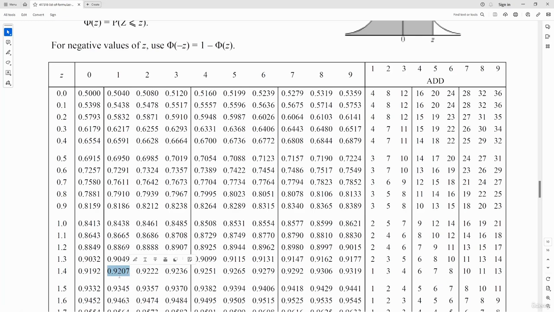Now, for that last 7, you look for the 7 in this little add section up here, and down to this row, and that little 10 there tells you how much you need to add to the number after the decimal point here. So it's going to be 0.9207, but we're going to be adding 10 to the 9,207 here. I'll show you over on the other page what that looks like.